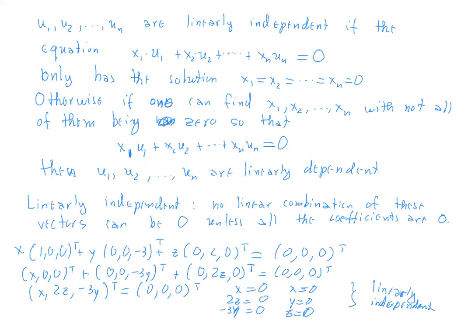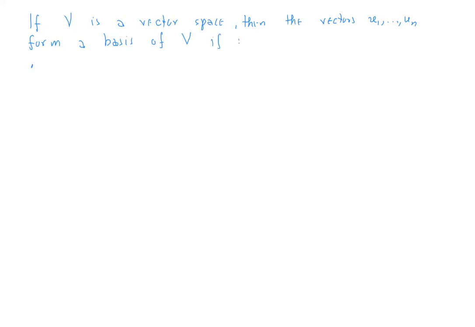So the next thing that I would like to discuss is the notion of a basis. If V is a vector space, then the vectors u1 up to un form a basis of V if we have two conditions.